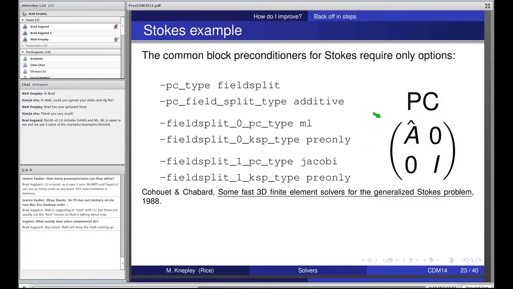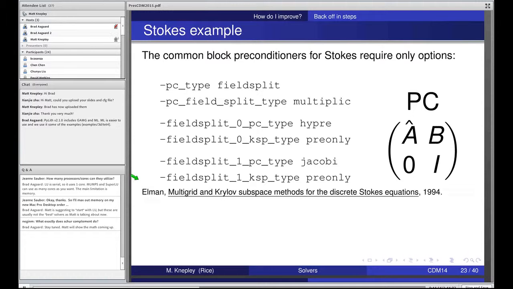That is additive combination, and we'll just use algebraic multigrid for the Laplacian, or for PyLith it would be the elastic operator, and then just don't really do much for the pressure. That was proposed in 1988, although probably used before that.